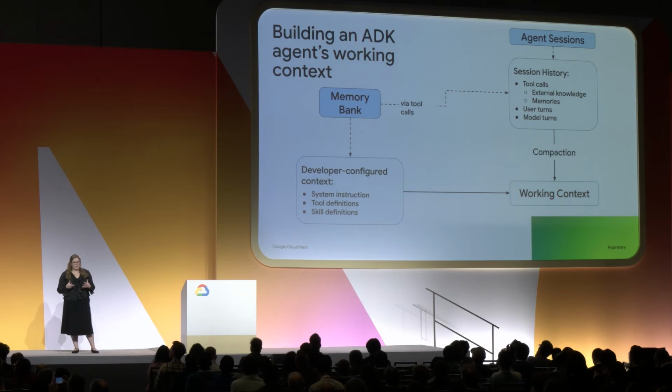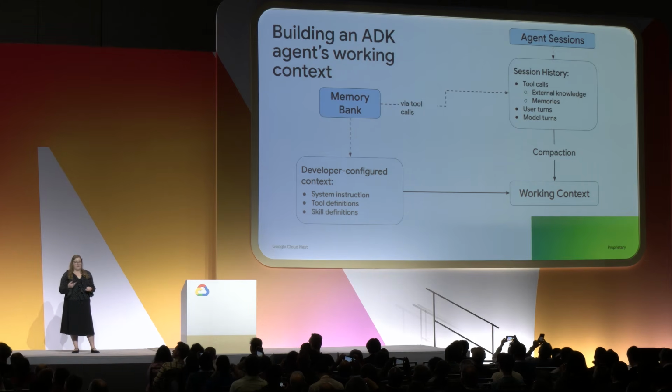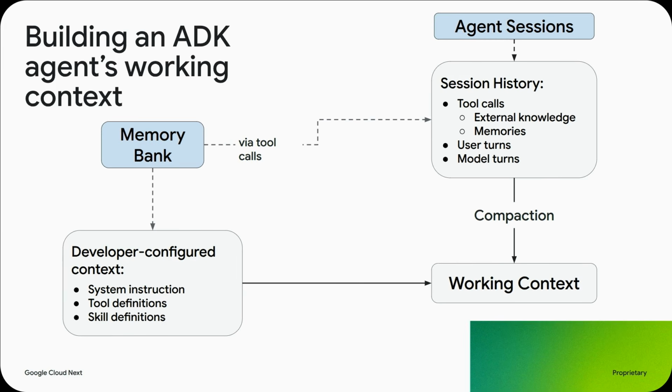Let's put this all together now. ADK has this concept of a working context. It's ephemeral, so it's thrown out after every invocation of the model, and it's built just in time. There are two different entities that plug into this context. The first is your conversation history, which is generally stored in a session storage like agent platform sessions.